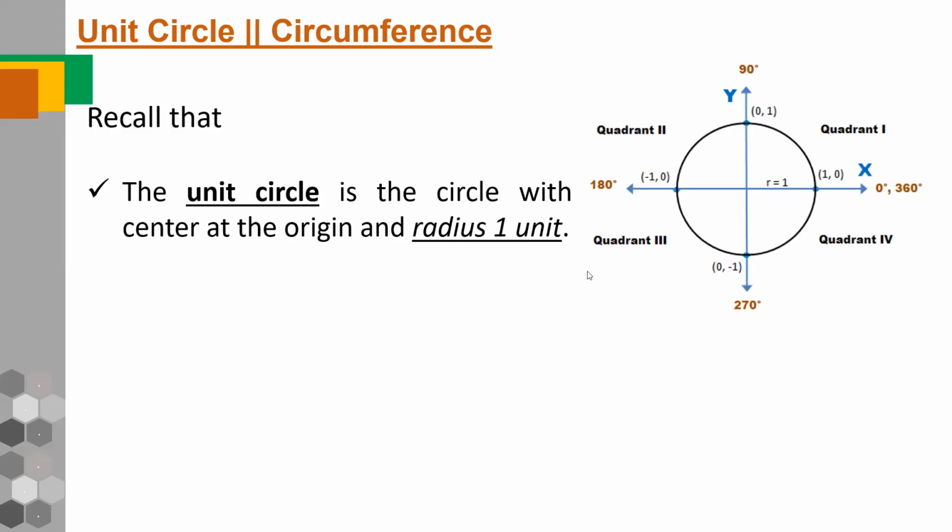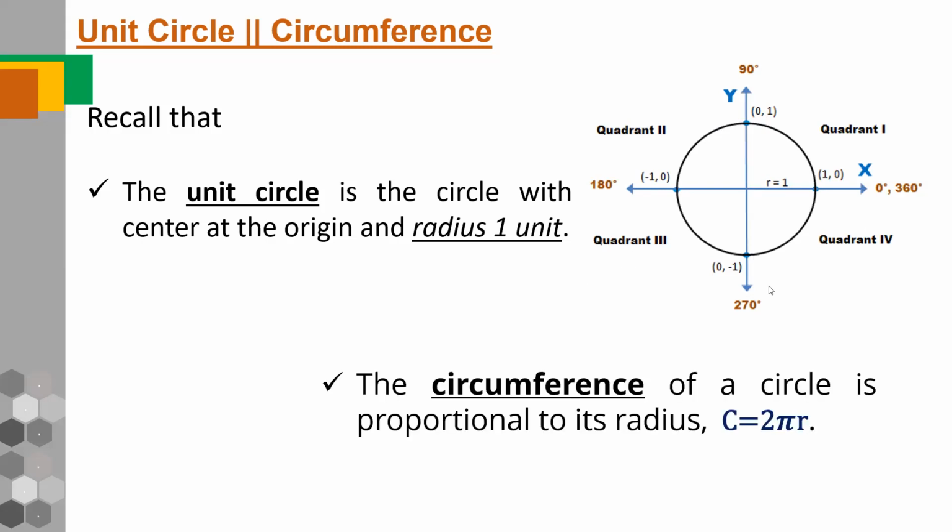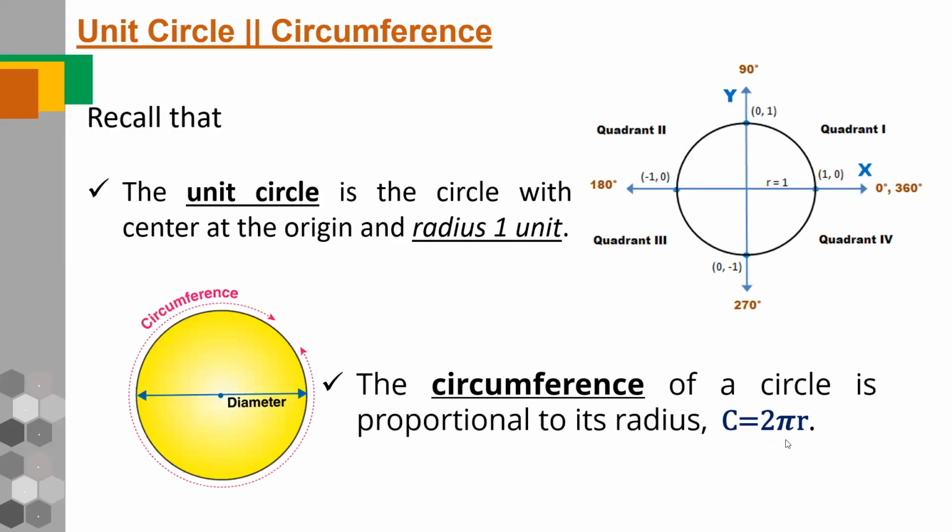Okay, so ang circumference sa unit circle or sa atong circle, di ba? Ang formula niya is 2 pi times the radius. Now, for the unit circle, ang radius niya is 1. So pasabot ang circumference sa atong unit circle is equal to 2 pi. Okay?